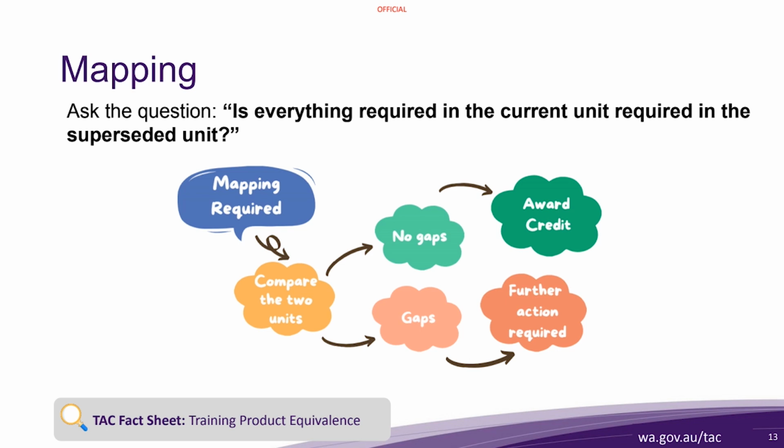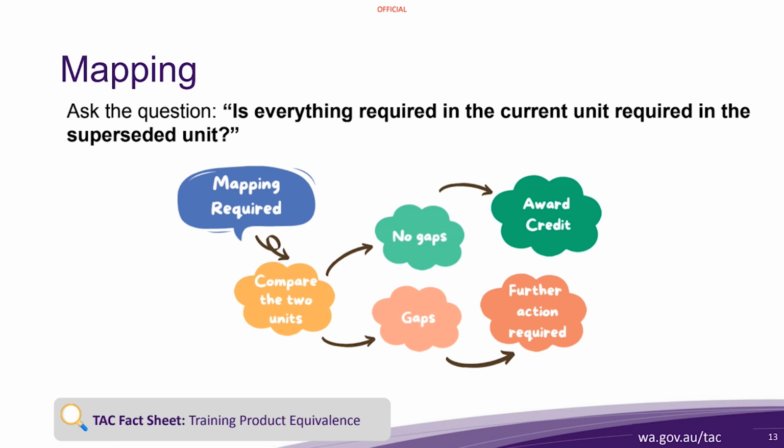But it is important to understand that whilst the normal process of credit can be done as an administrative process, and under those circumstances is low cost to you and potentially to the student, this process is going to require expertise, subject matter expertise, because a judgment has to be made as to whether the gaps that have been identified are significant gaps in terms of the credibility and integrity of the current unit of competency.